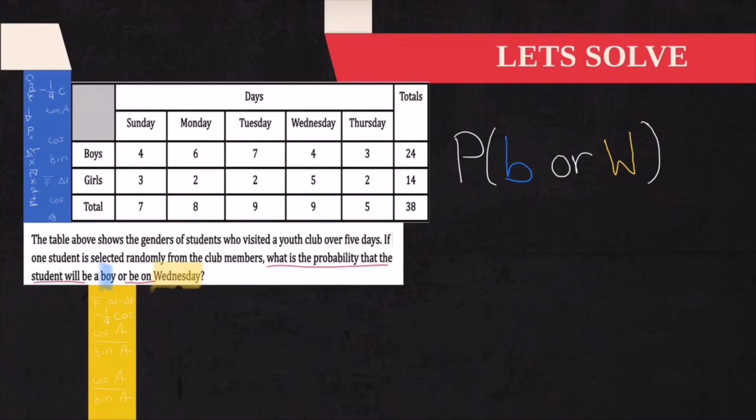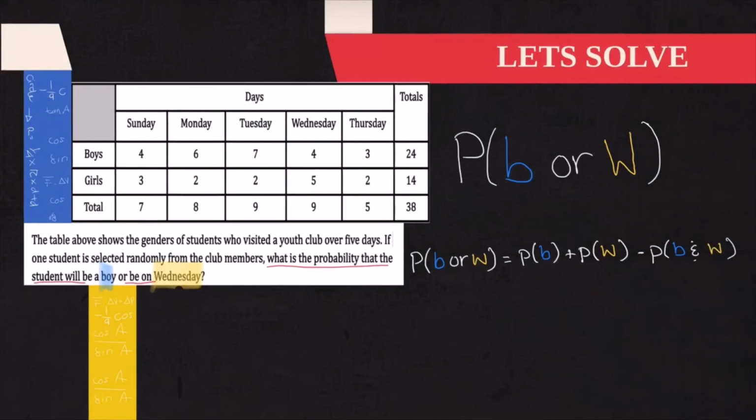So we'll have to use the probability of a union formula to solve this question, which is the probability of a boy or Wednesday equals the probability of a boy plus the probability of Wednesday minus the probability of a boy and Wednesday.